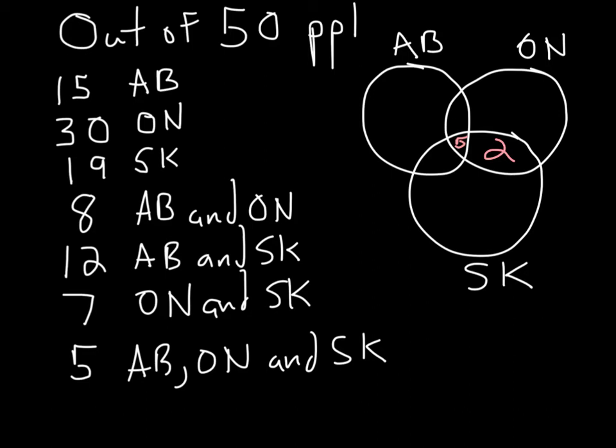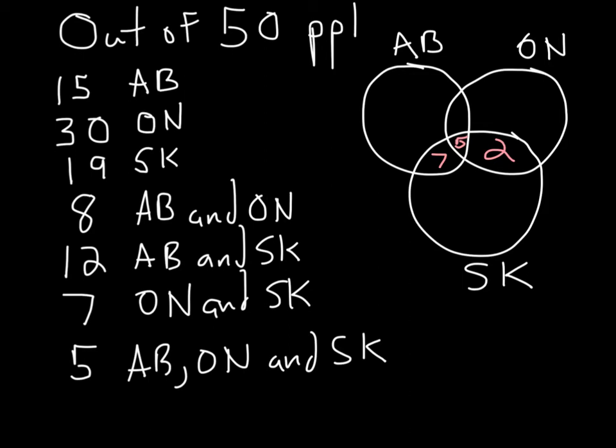So you can kind of see how to build this up. Let's do the next one. So the number of people that have been to Alberta and Saskatchewan. Well, here's 12 that have been to Alberta and Saskatchewan. We already have 5 that have been to all 3, so we know that there must be 7 people left over. And we look at the third one, 8 people have been to Alberta and Ontario.